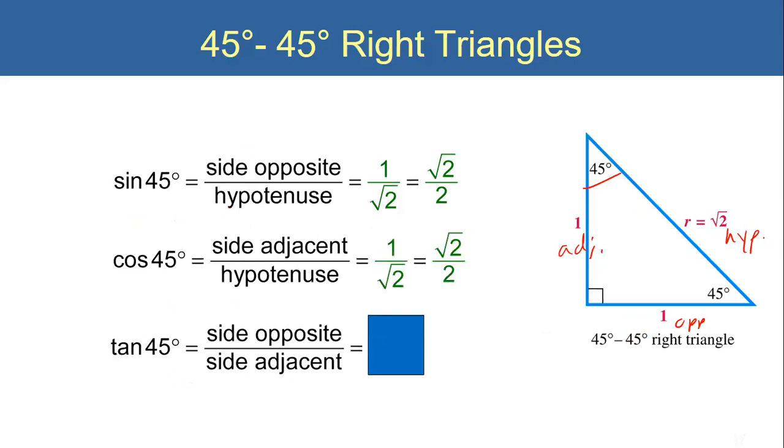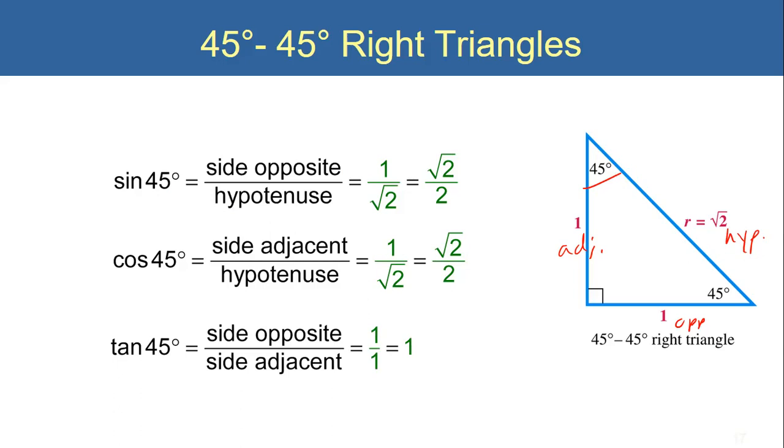What is the tan of 45? 1. Yes, I was wondering why we were stuttering through that. I was a little concerned because it was just 1 divided by 1 and no one was answering me.